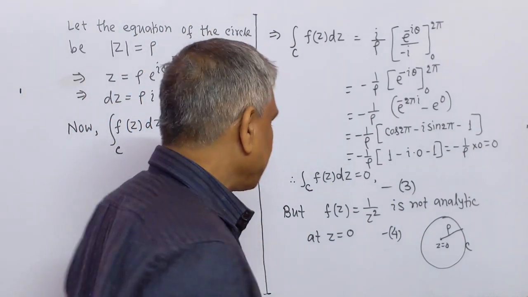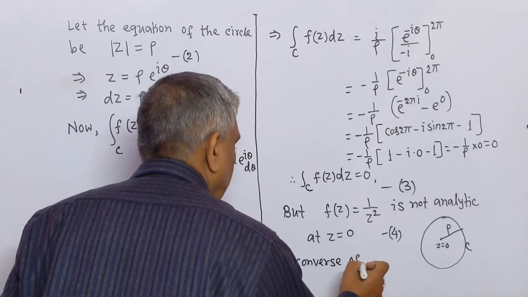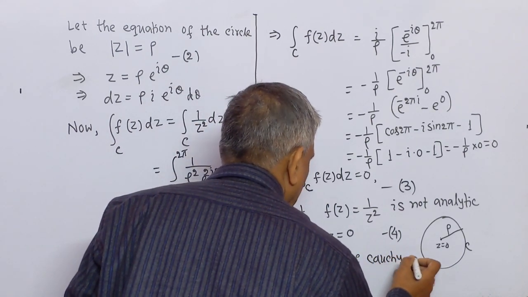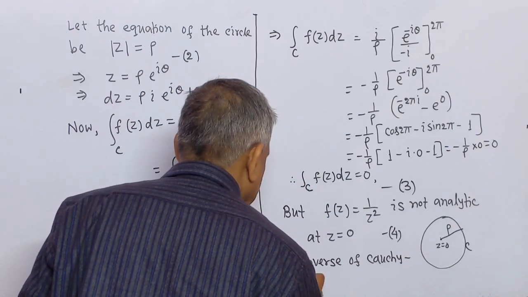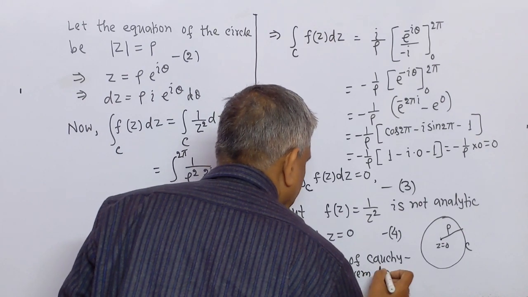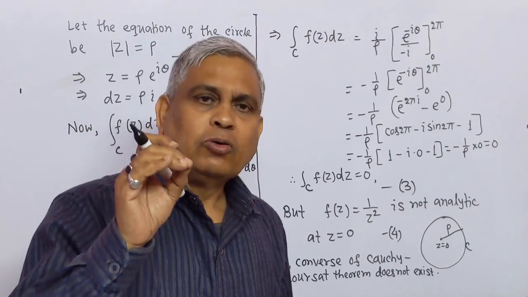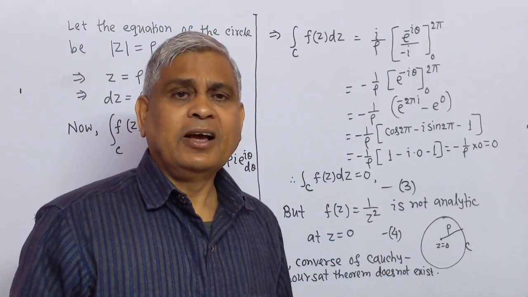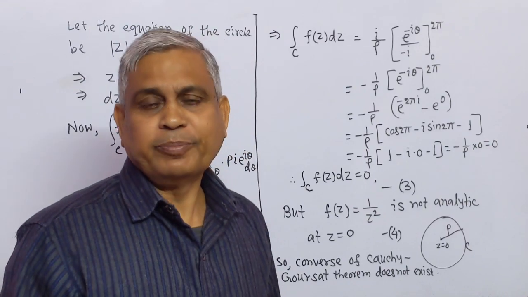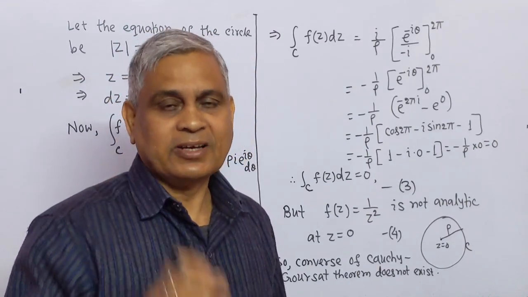So the converse of Cauchy-Goursat theorem does not exist. So we have to think what conditions are to be added with the Cauchy-Goursat theorem so that its converse may exist.